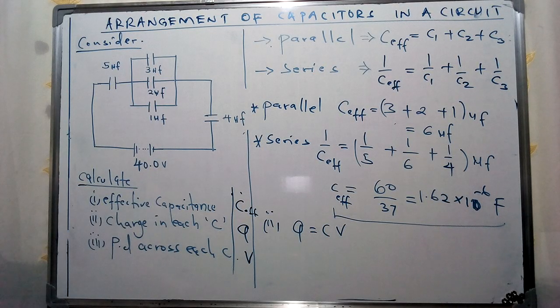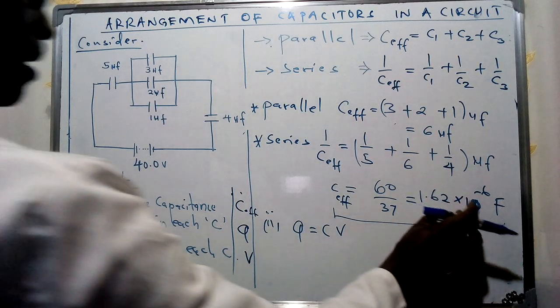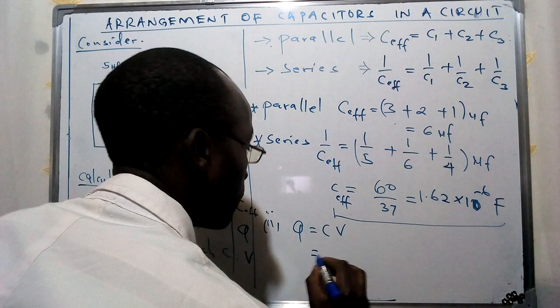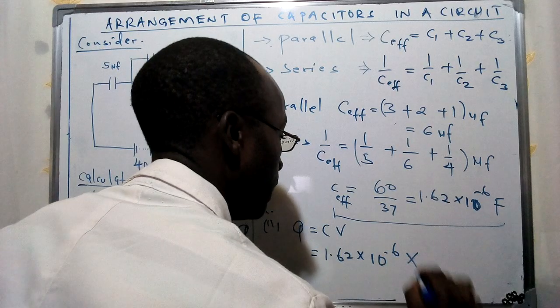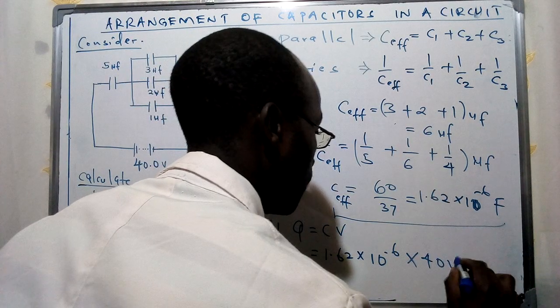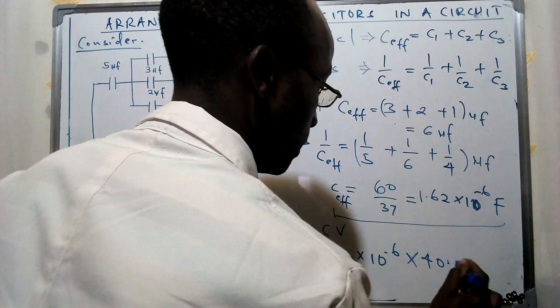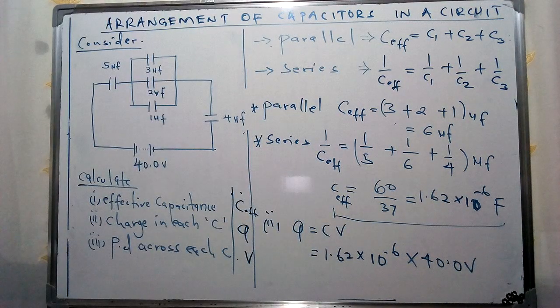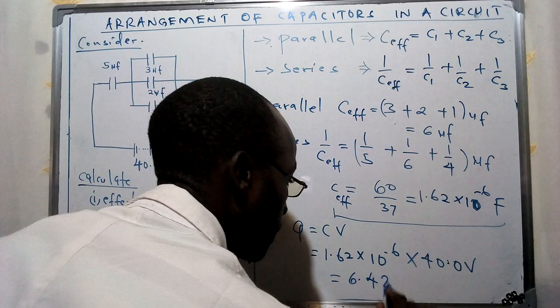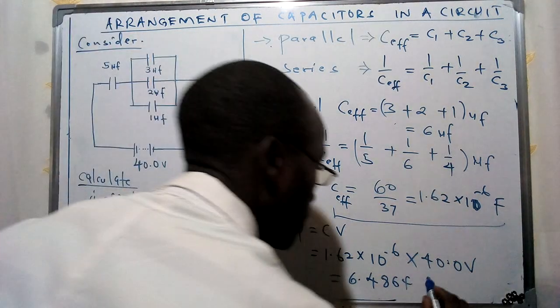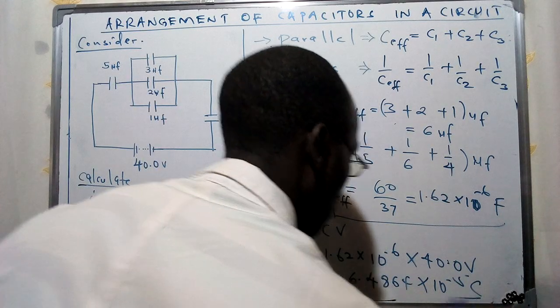So we're going to find this by a multiplication of this effective capacitance by the voltage, which is going to be given as 1.62 times 10 negative 6 times 40.0 volts, just as they have been given. And therefore, I'm finding this to be 6.4864 times 10 negative 5 coulombs given as such.